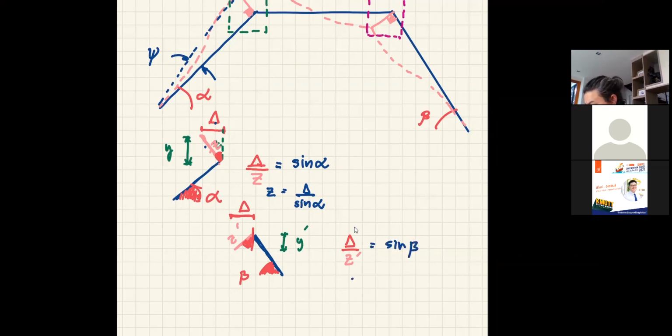And therefore your C prime here is delta over sine beta. Just a little bit of trigonometry.